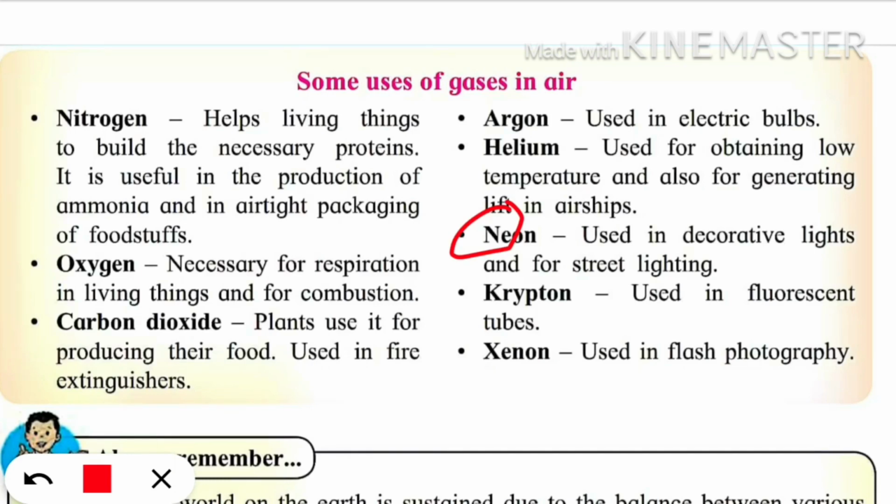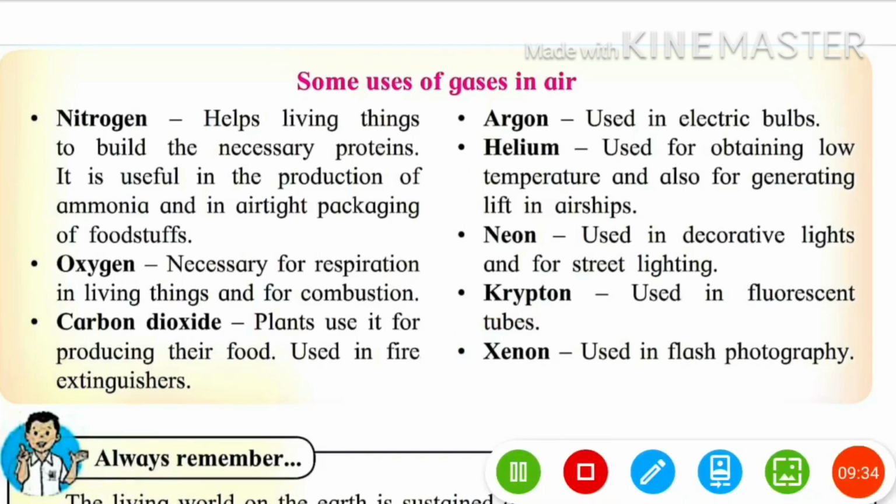Now, krypton and xenon. Krypton is used in fluorescent tubes. We have tube lights at our home. And xenon is used in flash photography.